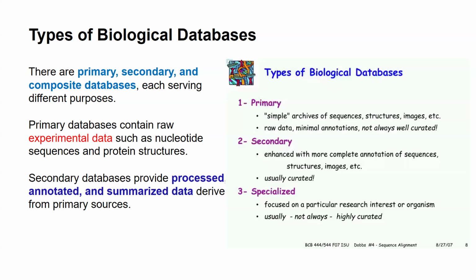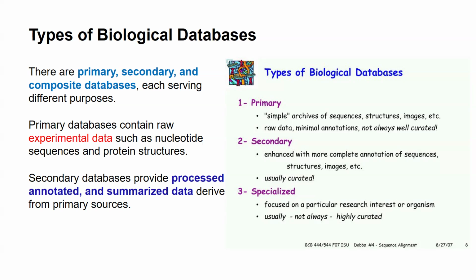So, as we can see from here, primary databases are simple archives of sequences, structures, and images. For example, assuming you do your microscopy and you are able to identify Plasmodium falciparum under your microscope, that is raw data. It is primary data because it is not annotated and not processed.